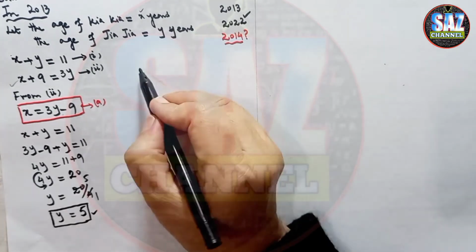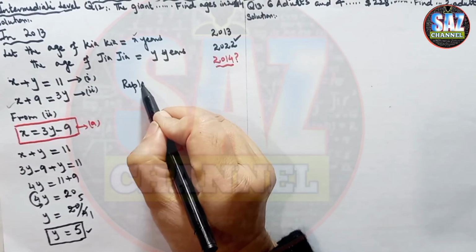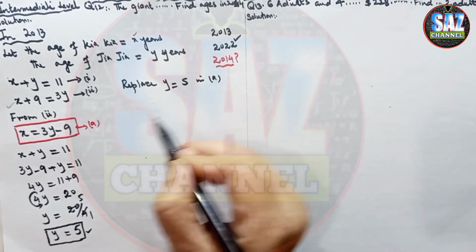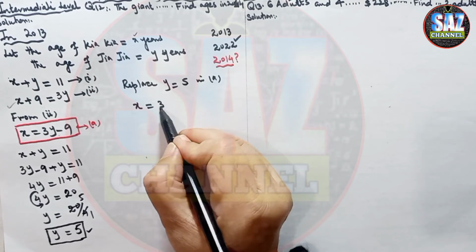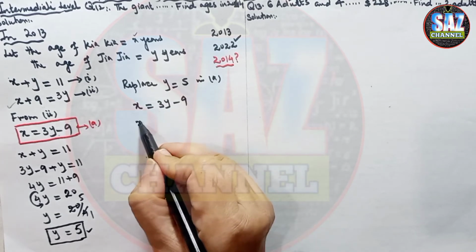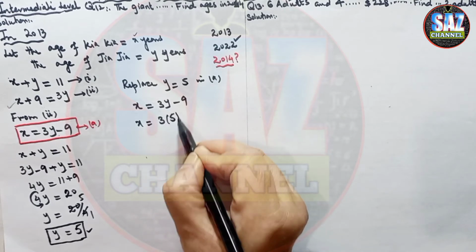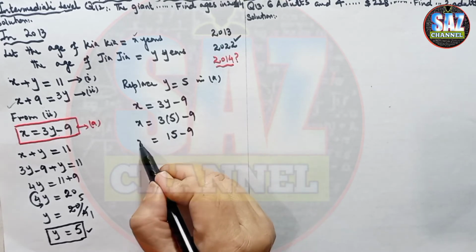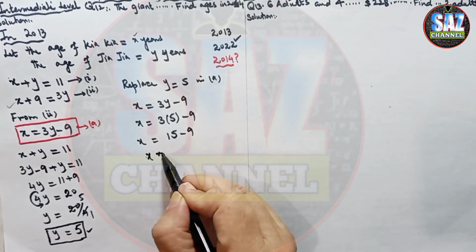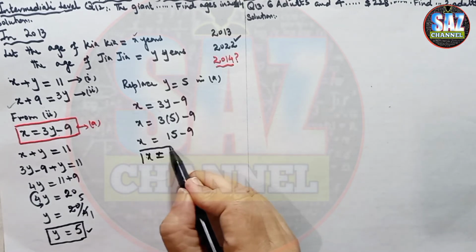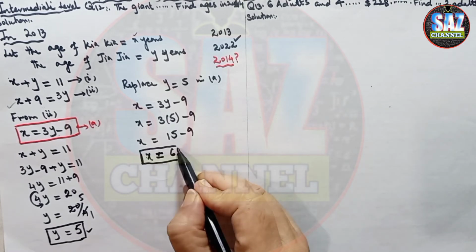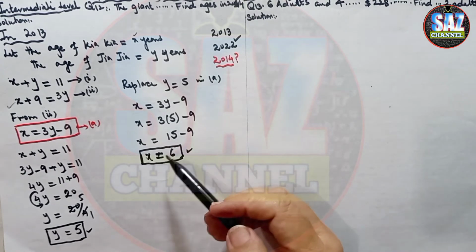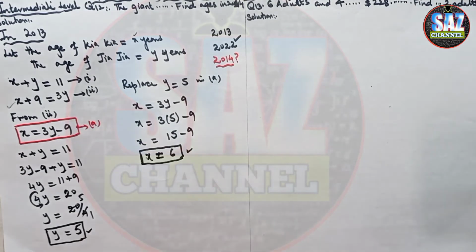So I will replace y equals 5 in A, and the equation will take the form x equals 3y minus 9, x equals 3 into 5 minus 9, 15 minus 9, x equals 6. So this is the value of x, and we know x is the age of Kia in 2013. If I add 6 and 5, it means my sum is correct.